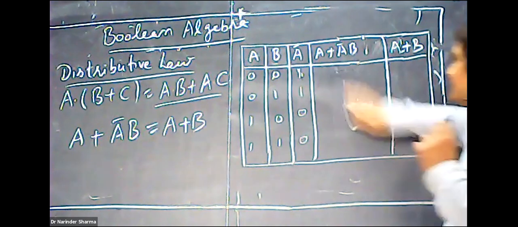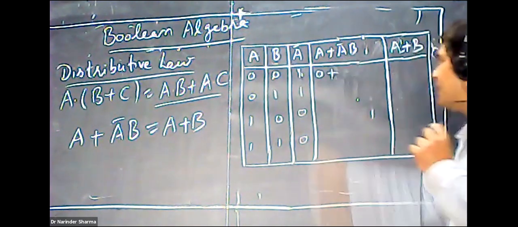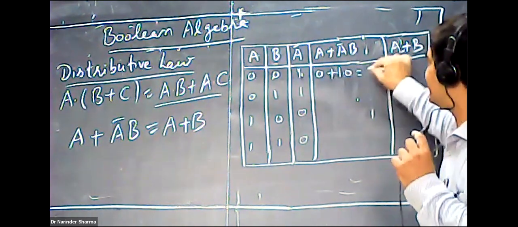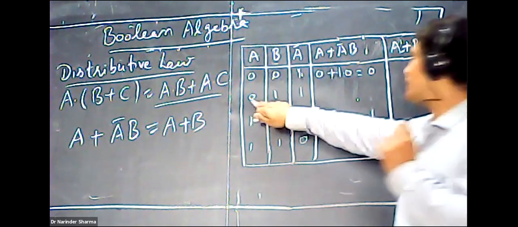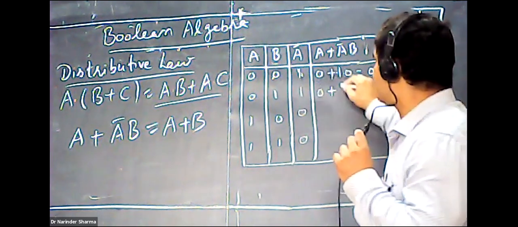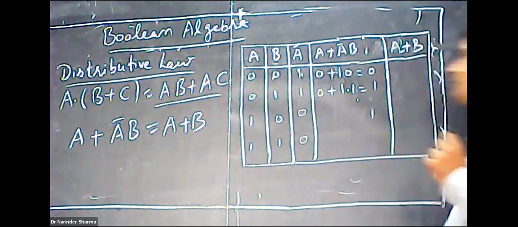Now here it is A. A is 0 plus A bar B. A bar is 1. What about the B? 0. So its result is 0. Now for this one, A is 0 plus A bar is 1, B is 1. It would be equal to 1.